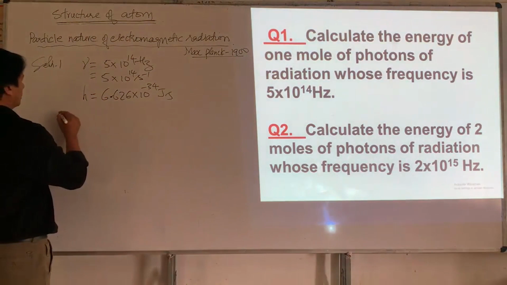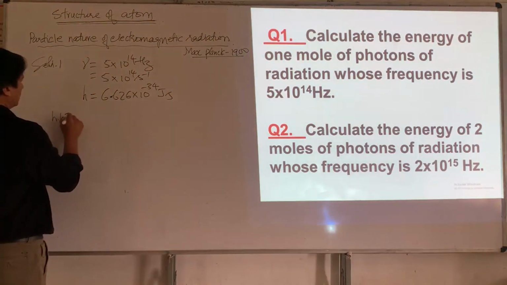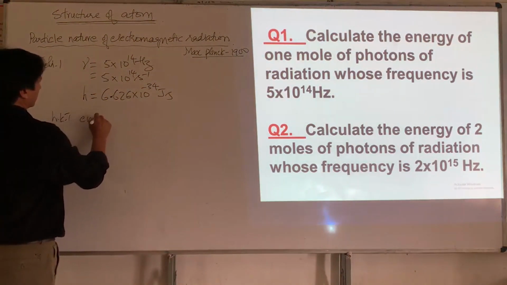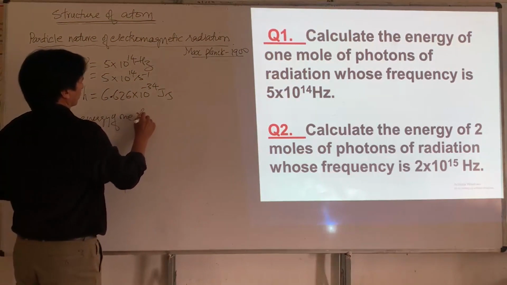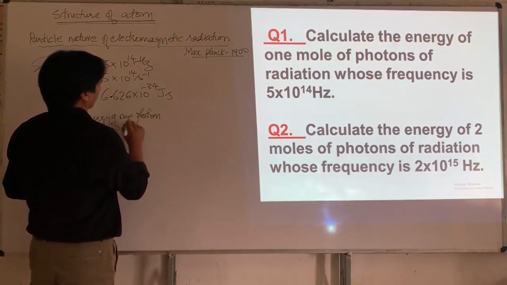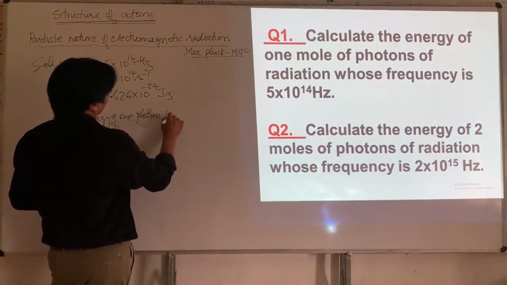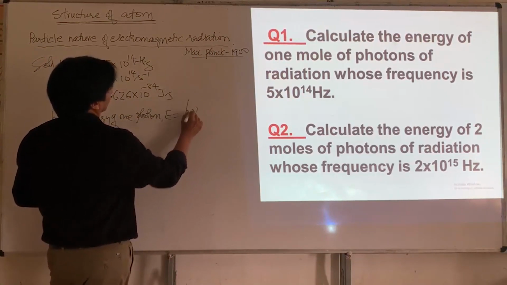So let's put it. Energy of 1 photon of light, that is E, is equal to h nu.